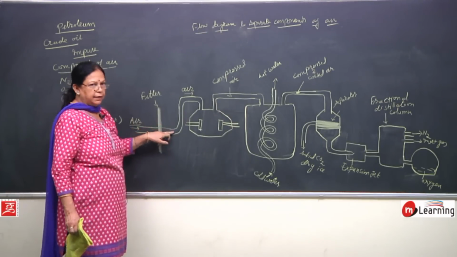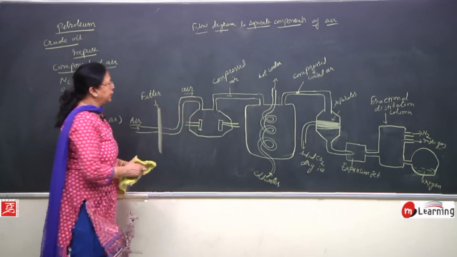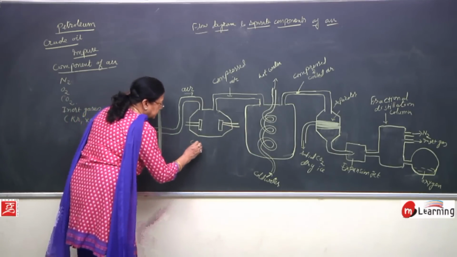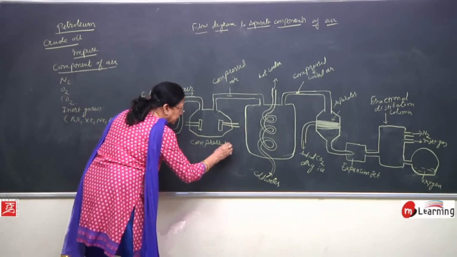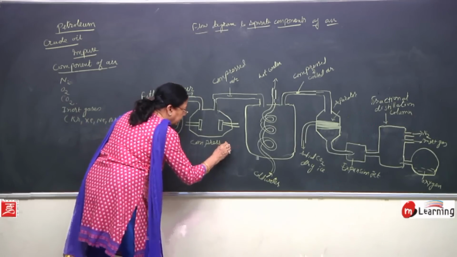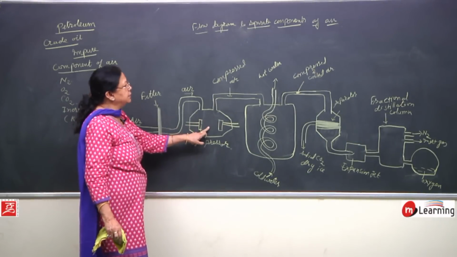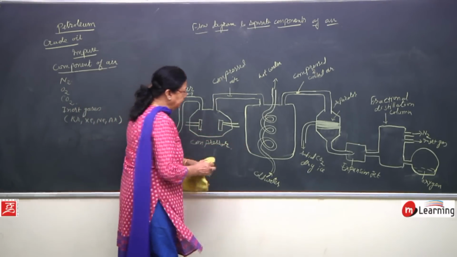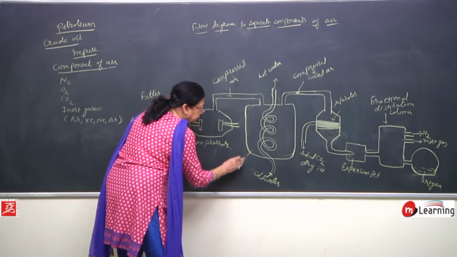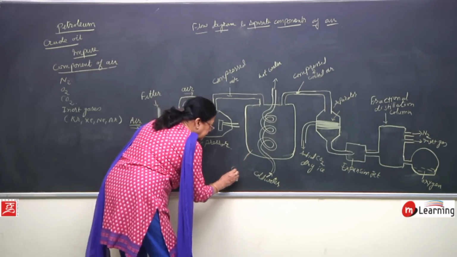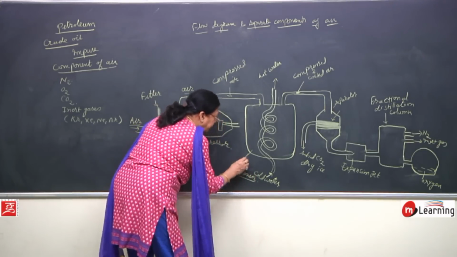Now, this filtered air is introduced into a compressor. This is a compressor. It is first introduced in a compressor, and then this compressed air is introduced into a condenser. This is the condenser. What for are we doing this?